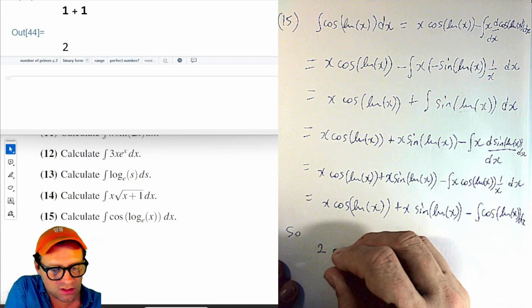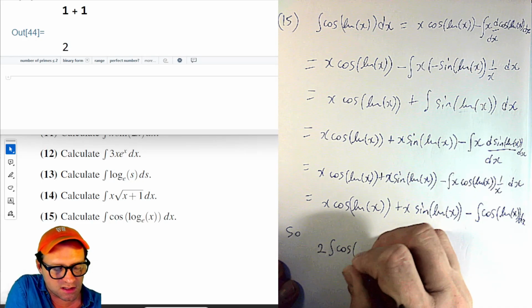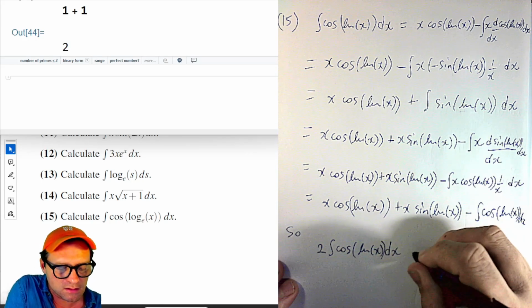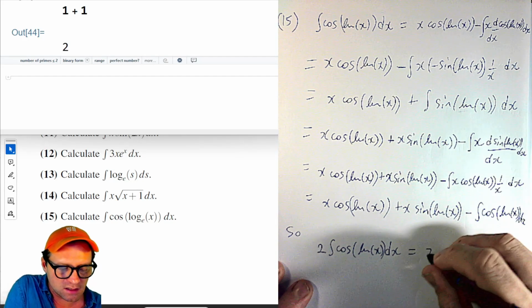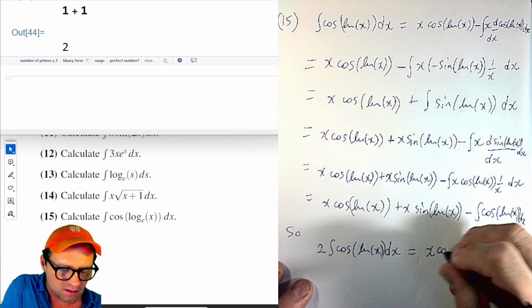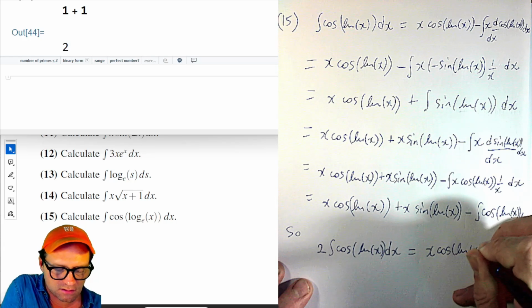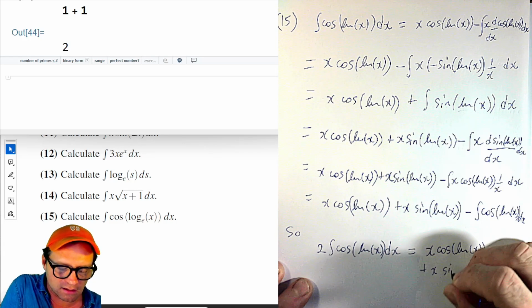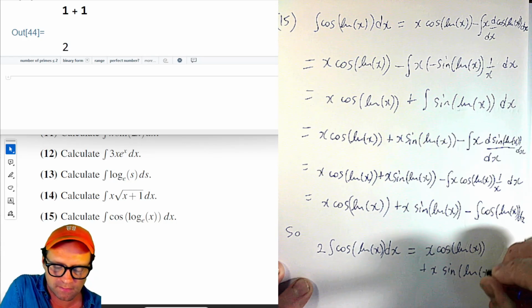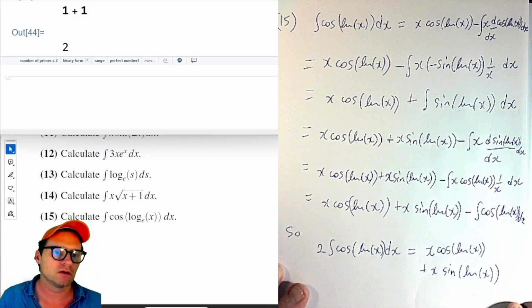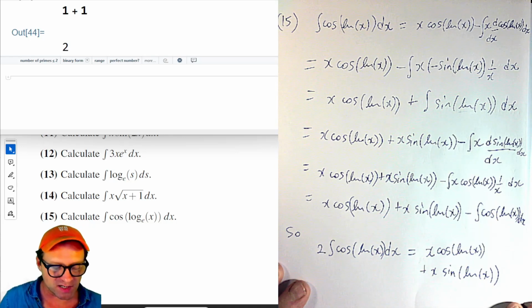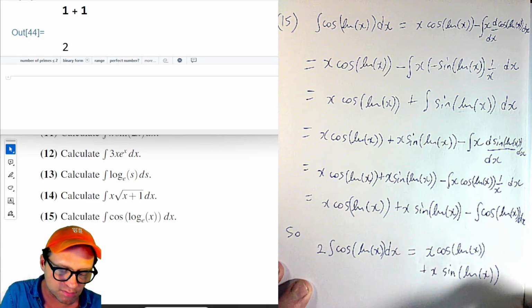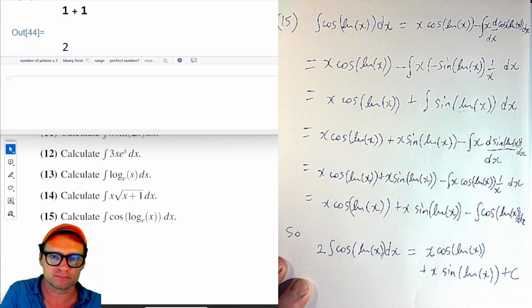So 2 times the integral of cos of natural log of x is x cos of natural log of x plus x sine of natural log of x. And now we can just divide throughout by 2 and we get our answer. All right, now we do need a plus c here at this point.